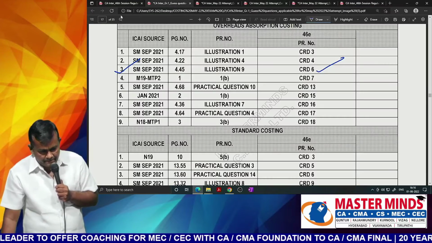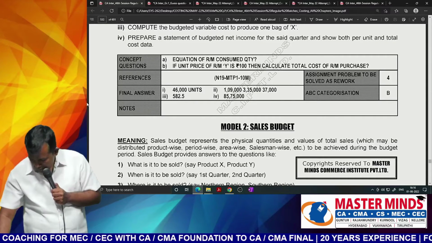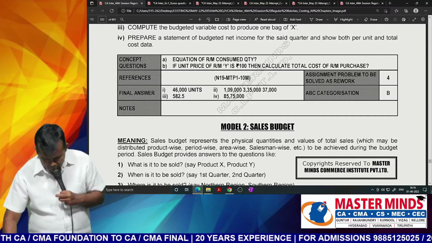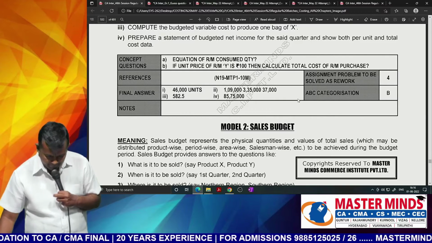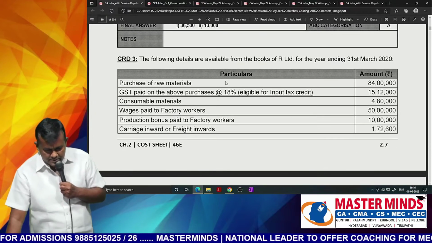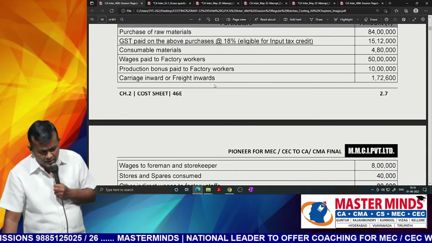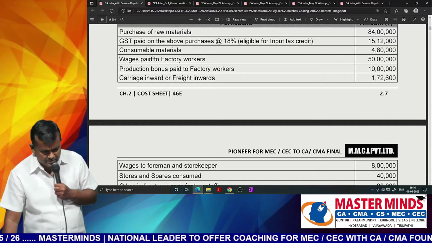So in main material, cost sheet, 1 minute. So 30, 34. So this is the CRD 3, sir. So some elements are in CRD 3. Purchase of raw materials.